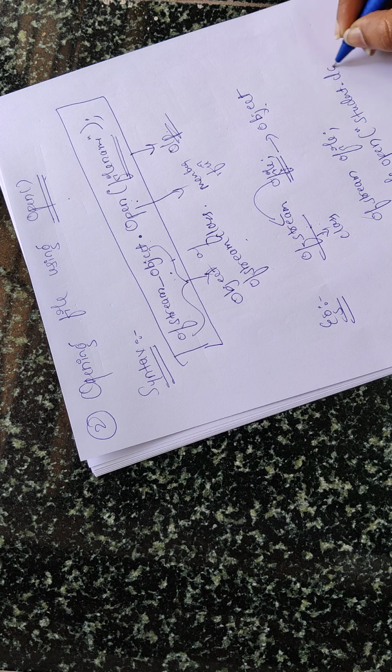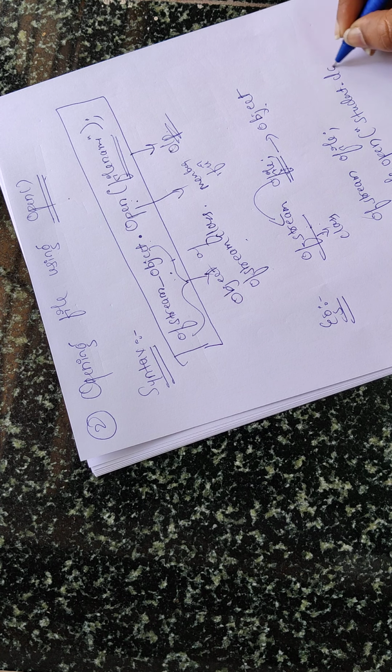You are opening a file for only output purpose and you are opening a file for only input purpose. So when you are opening a file for only output purpose, you have to create an object of your ofstream, and when you are opening a file only for input purpose, you have to use an object of your ifstream class. Fine. So the syntax: ofstream object dot open member function, and the argument should be your file name.